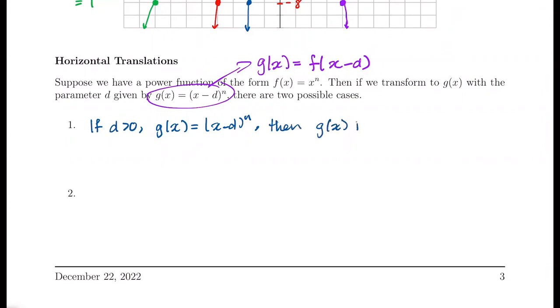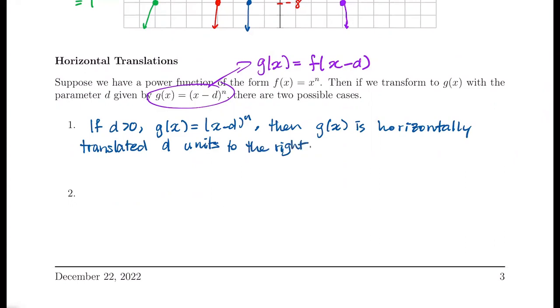Then g of x is horizontally translated d units to the right. So that should be pretty simple to understand. So when d gets larger, it's going to go more to the right.